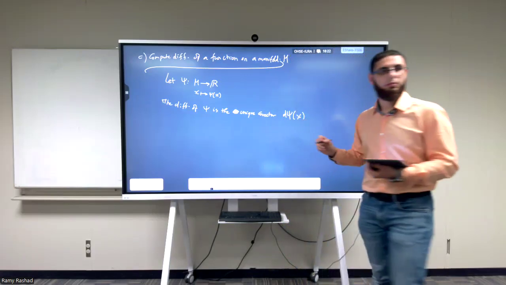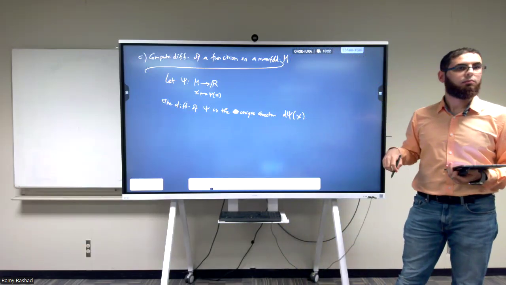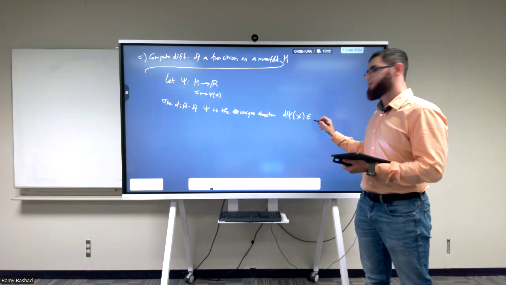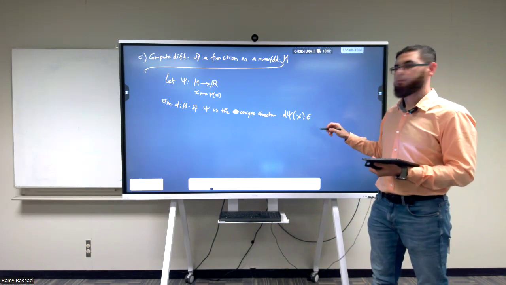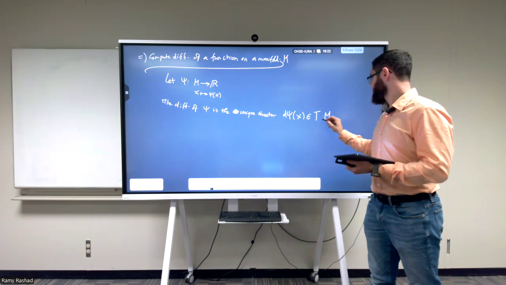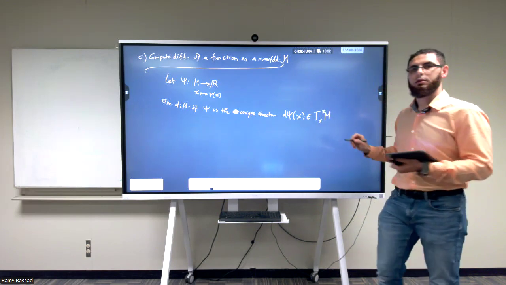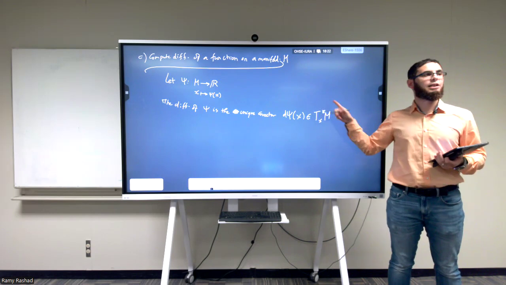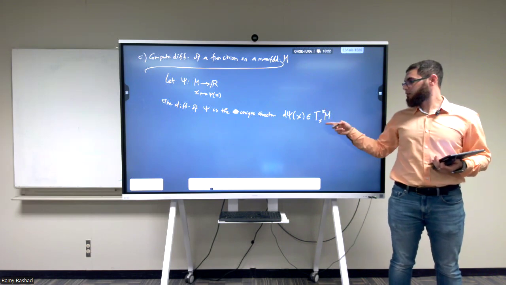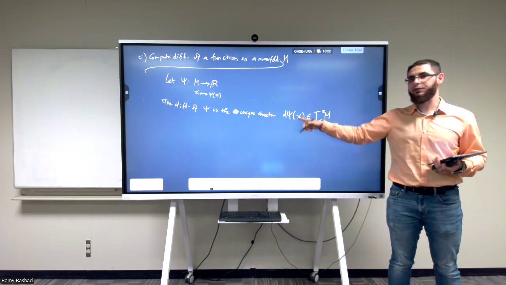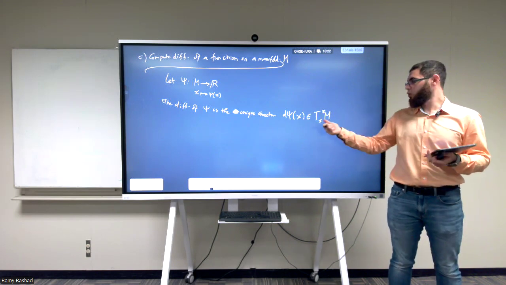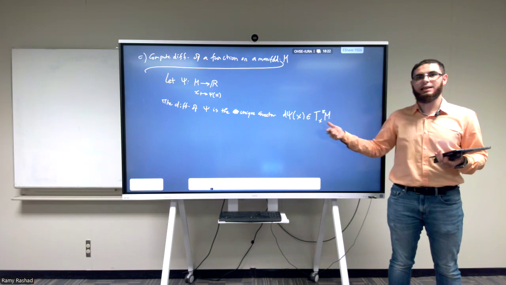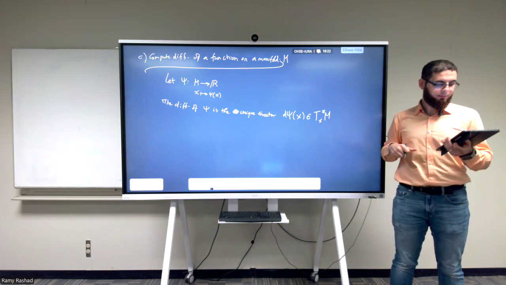Where does it live? Dual space. Dual space of what? Of the tangent space to SO3 at the point. That's right. The cotangent space at the point x. You see here, this is a function of x, so we need to know where the x is. So we're locally at x, and this lives in the cotangent space to the manifold.